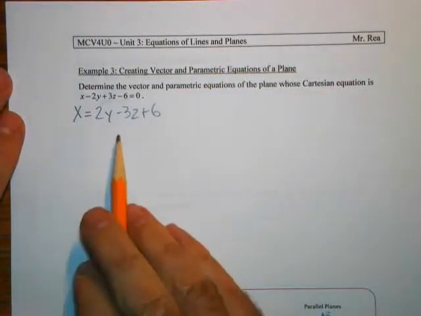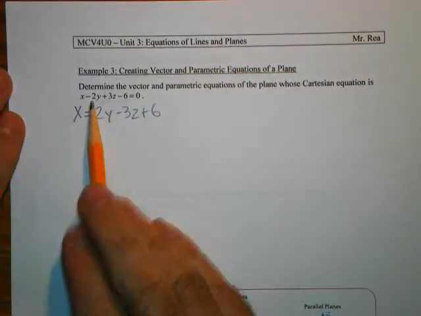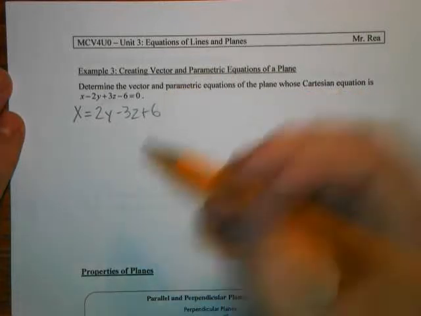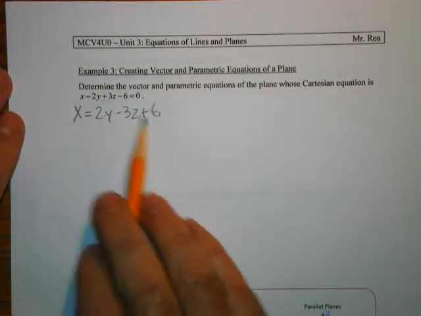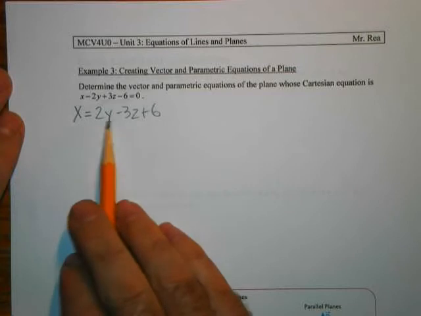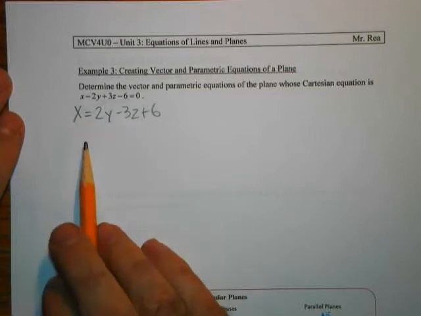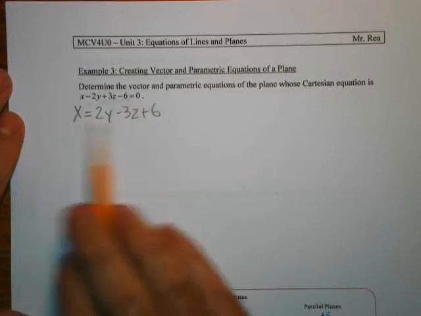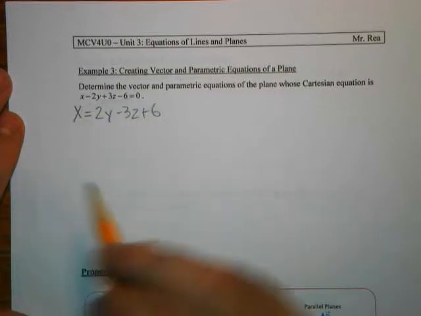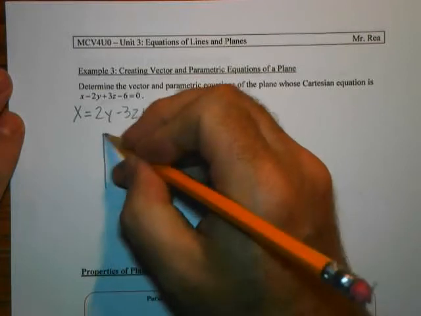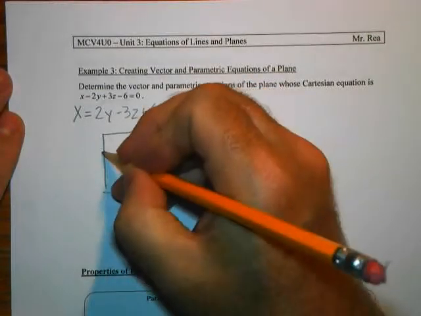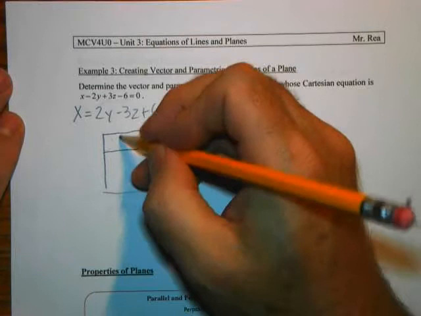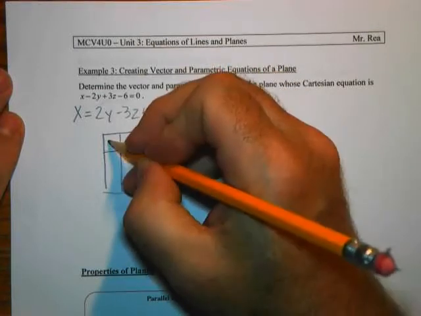So I get x is equal to 2y minus 3z plus 6. Once I've done that, now I can pick arbitrary values for y and z to create the associated x value to make this equation correct. So again, I'm going to create a little matrix here. This time I'm just going to do 3 columns, x, y, and z.